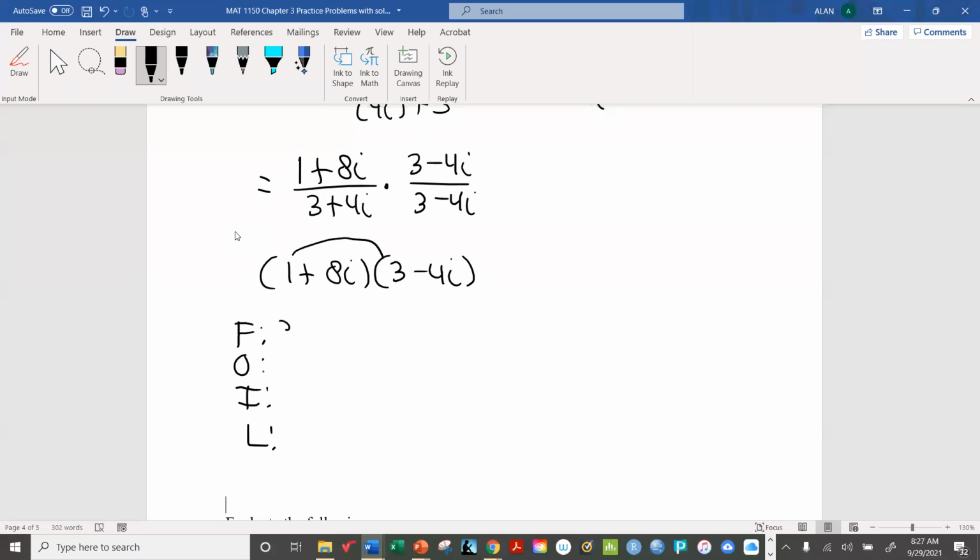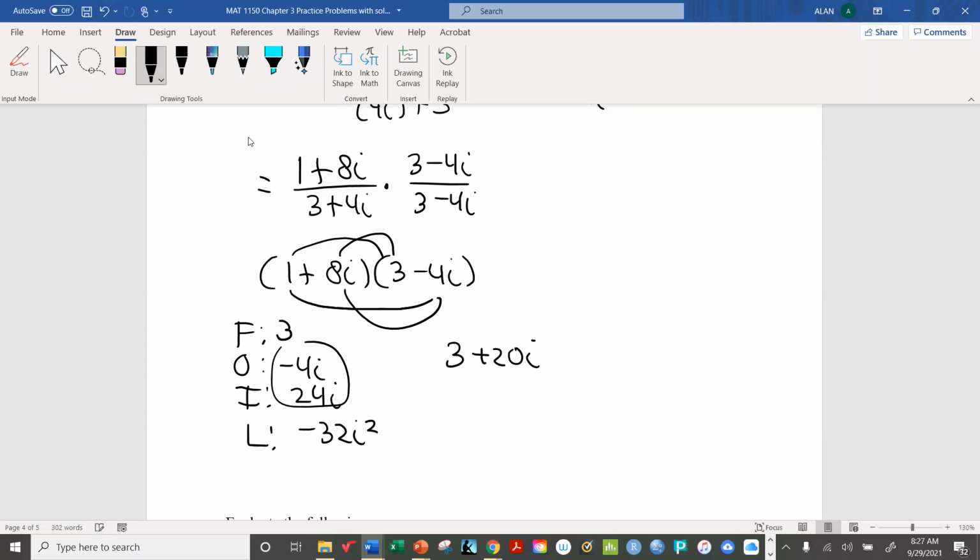So we have 3 minus 4i, 24i, and minus 32i squared. That equals 3 plus 20i, because these two add up to 20, minus 32i squared.